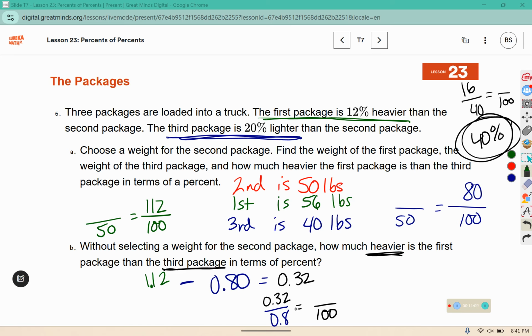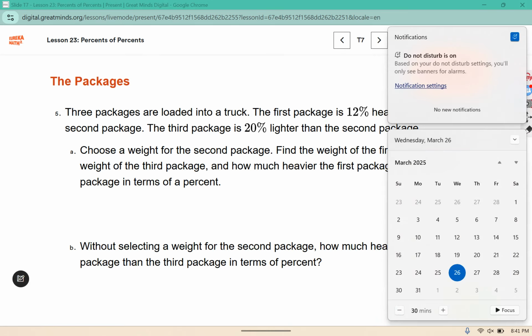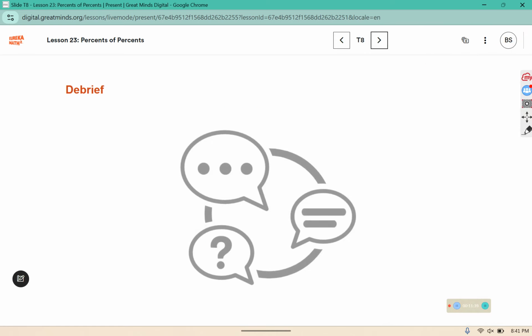So cross multiply, then divide, and we still end up with 40 as our percent here. And that is the end of lesson 23 on percents of percents.